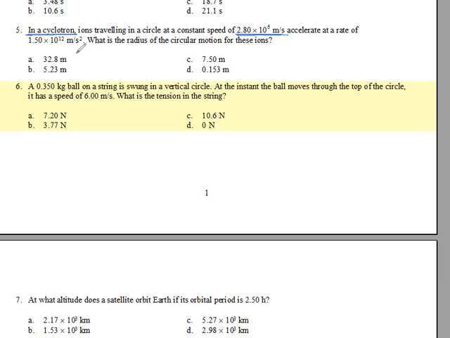So this object has a velocity, whatever this ion is, of 2.8 times 10 to the 6, 2.8 million meters per second. Sorry, I said 6, I wrote 8. Let's fix that. And its acceleration is an equally ridiculous 1.5 times 10 to the 12 meters per second squared.